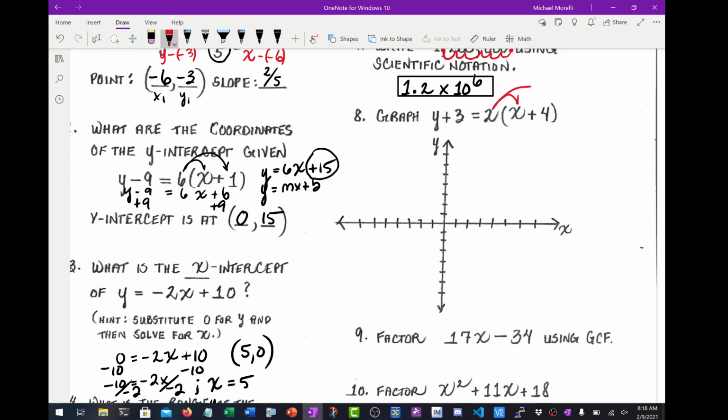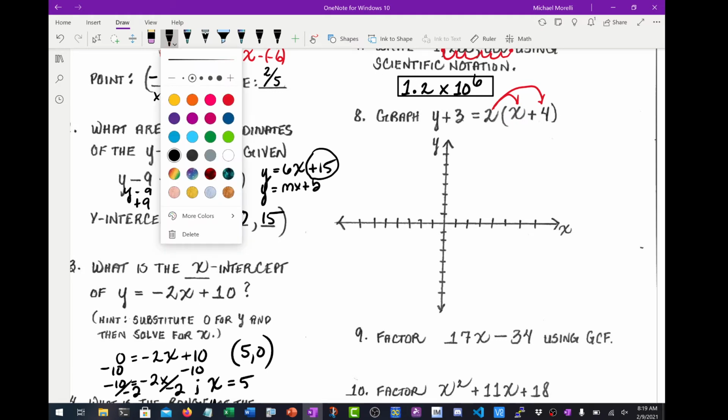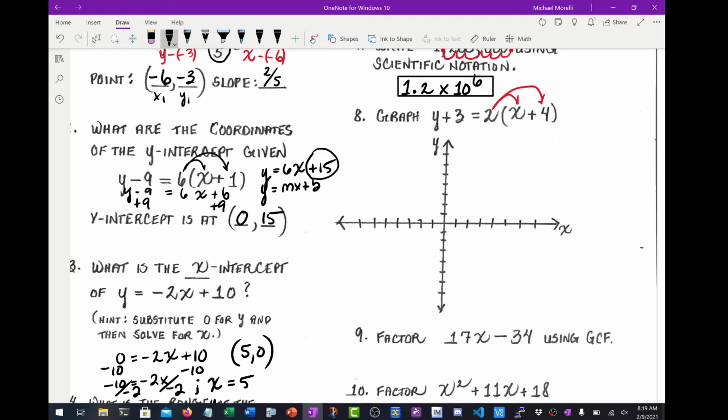So we're going to distribute the 2 right here. So we'll just move this over a little bit. We'll have y plus 3 equals 2x plus 8.